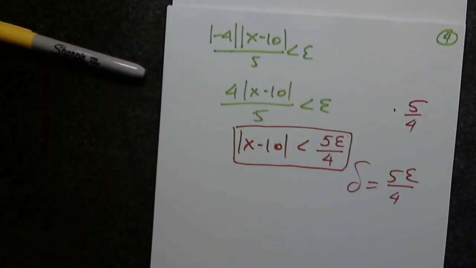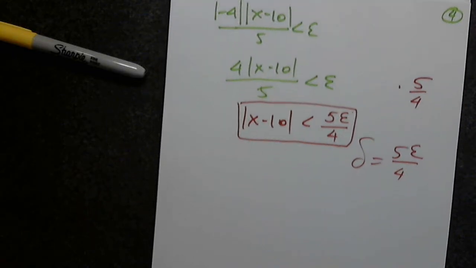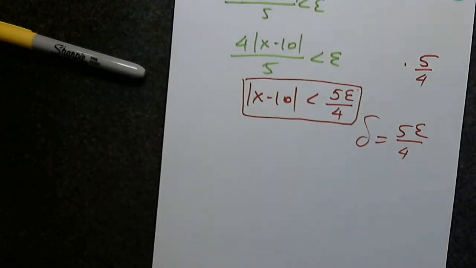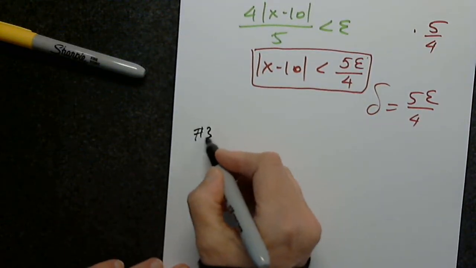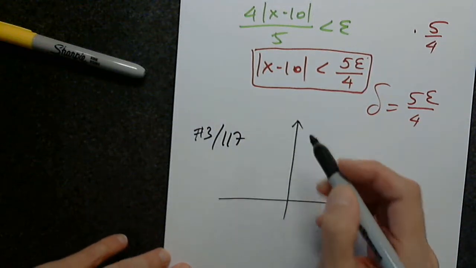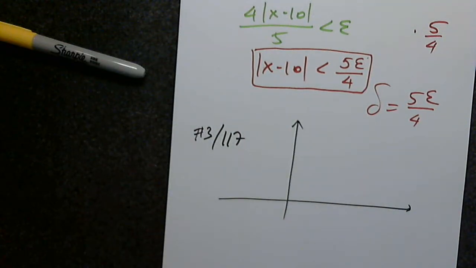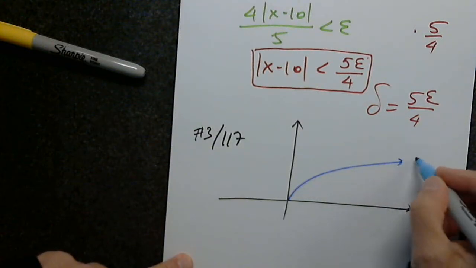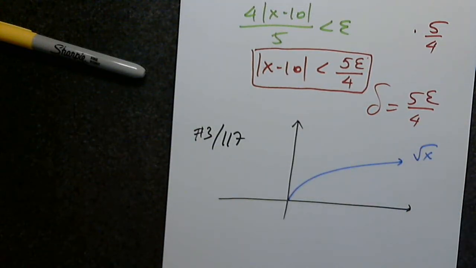Okay, so let me copy this. This is problem 3 on page 117. And this is what they're giving us. They're giving us a function that is the square root of x. That's the function.